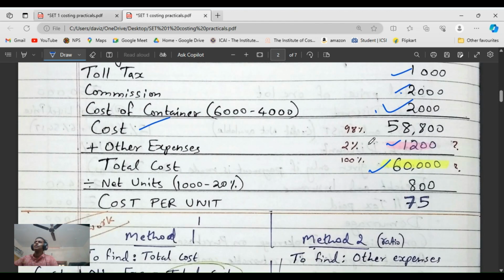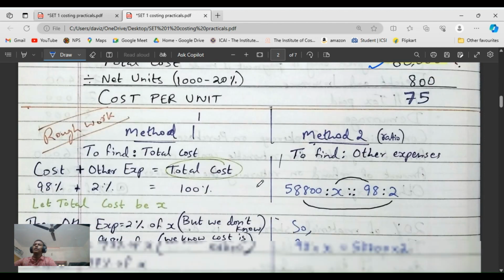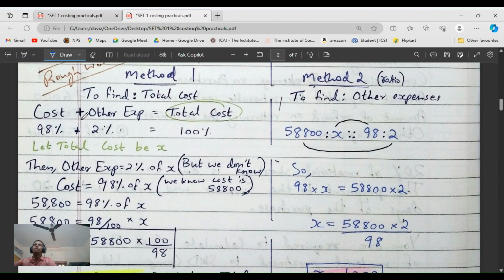The question says that 2% of total cost is other expenses. So other expenses is 2%, and the remaining 98% is cost. Cost plus other expenses is total cost, so it is 100%. Method one: let the total cost be X. Other expenses is 2% of X. But we don't know other expenses.